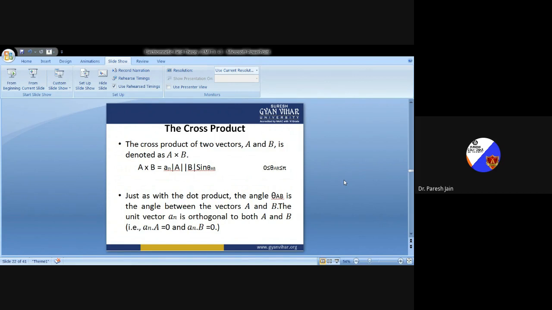Just as with the dot product, theta is the angle between the vectors A and B.